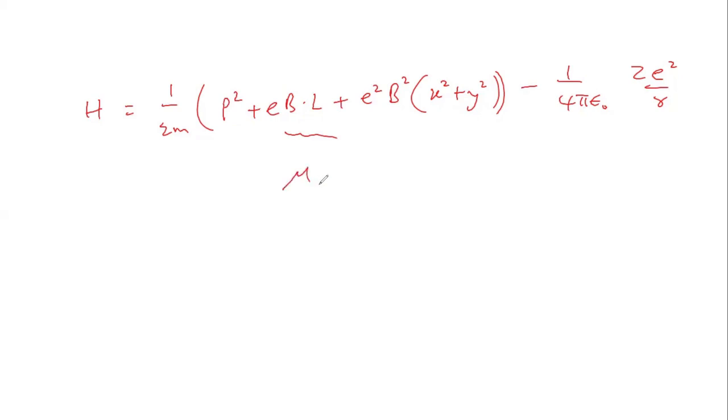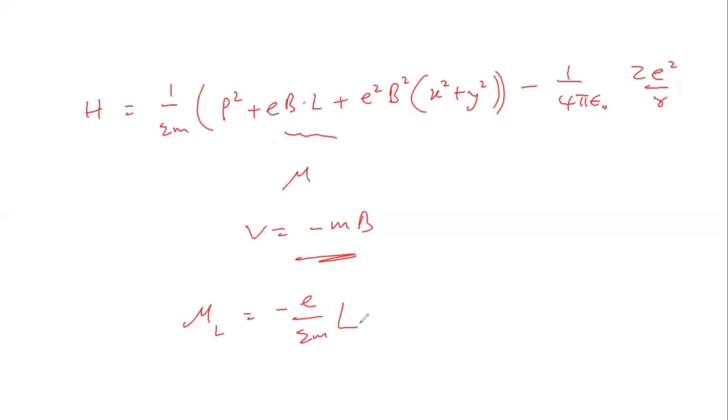And then we already mentioned the magnetic dipole potential, which is the same as VB, the same as negative mu dot B. So with this, we could run some further analysis such that we can show that mu L is the same as negative E over 2m L, the angular momentum, and then on and on.